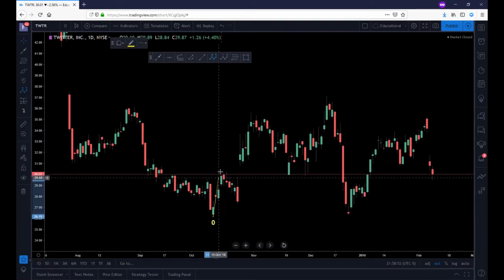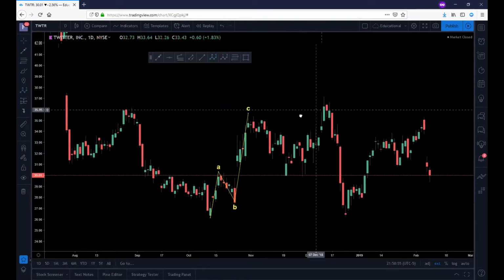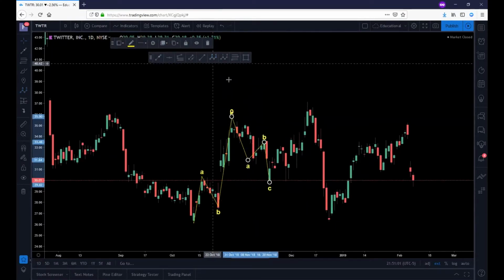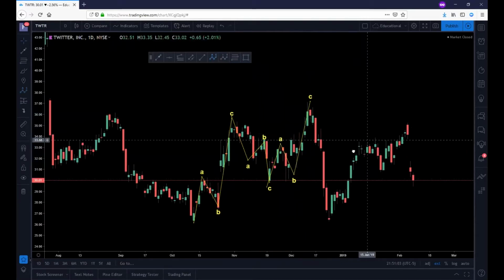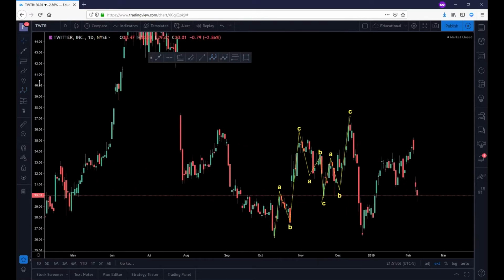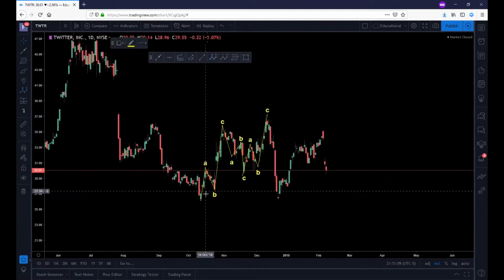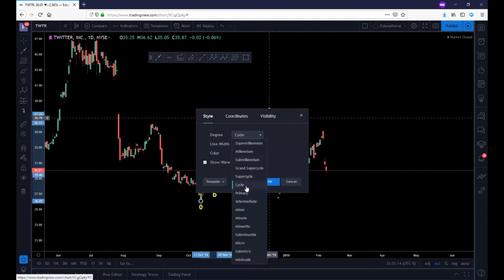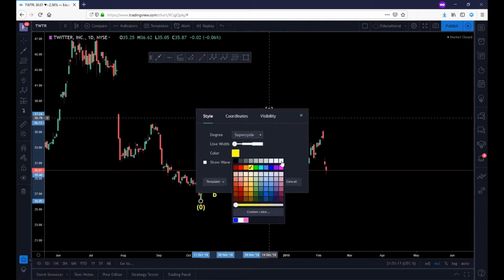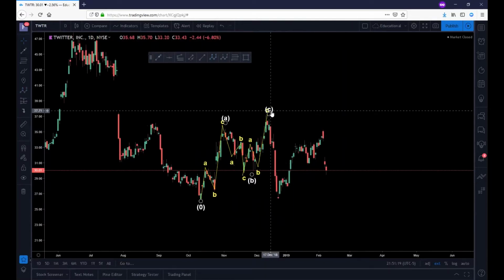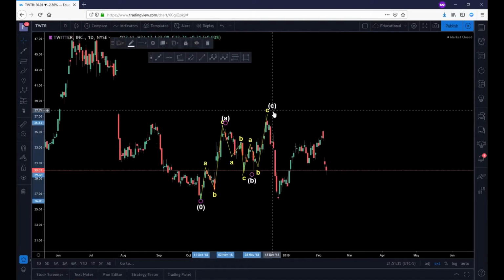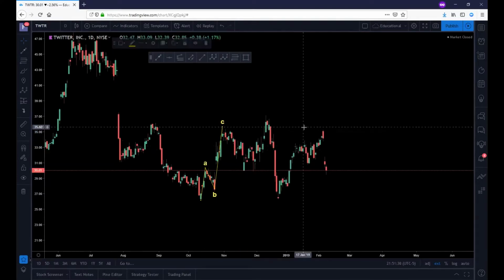So this could be an ABC of some sort, followed by another ABC, followed by another ABC. And if you zoom out, this will make a larger ABC on a bigger scale, for example. And we'll go over the degrees that you should be using on your chart at a later date.